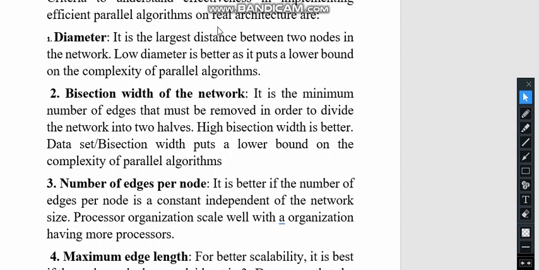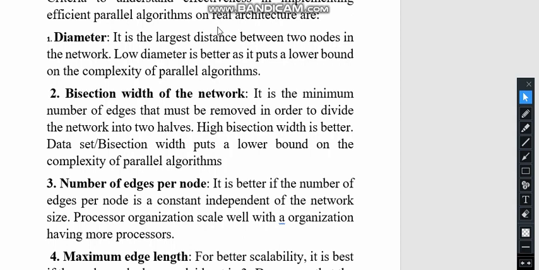So what is the diameter? The diameter is the maximum distance between two nodes in the network. In order to have a low complexity, the diameter should also be low. If the diameter is low, we can say that yes, the network arrangement is good.